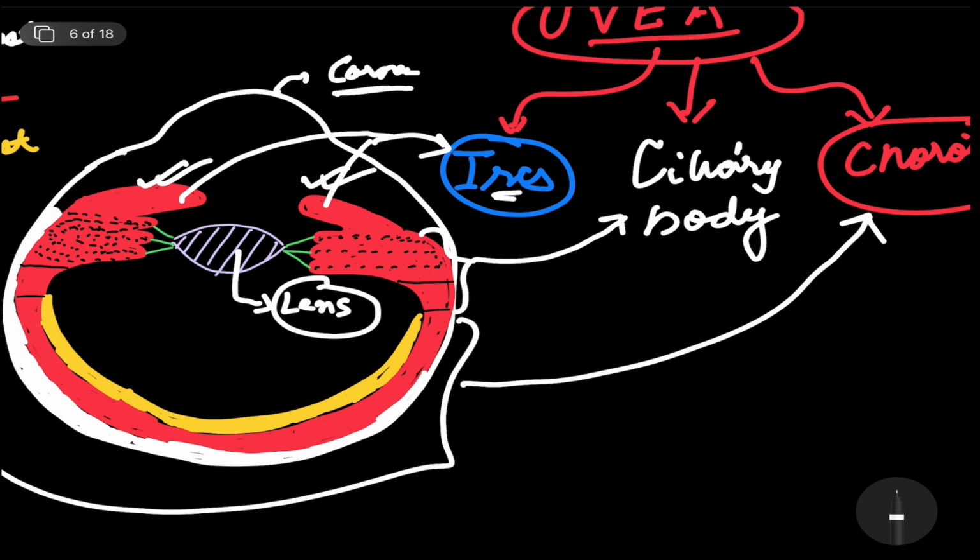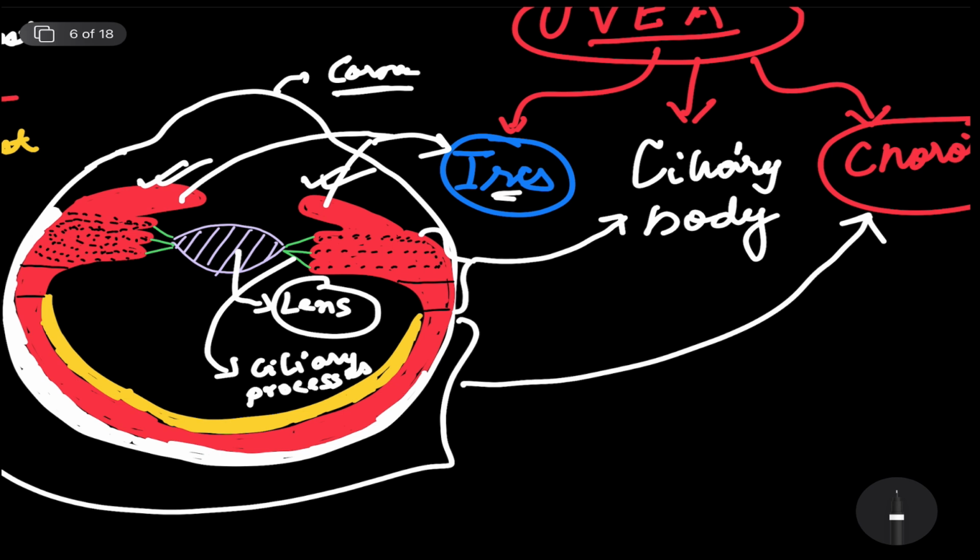That is where the lens comes into play. The lens is suspended in the middle by these green structures from the ciliary body. These green structures are what we say to be ciliary processes. Okay, done. So lens suspended by ciliary processes from the ciliary body.